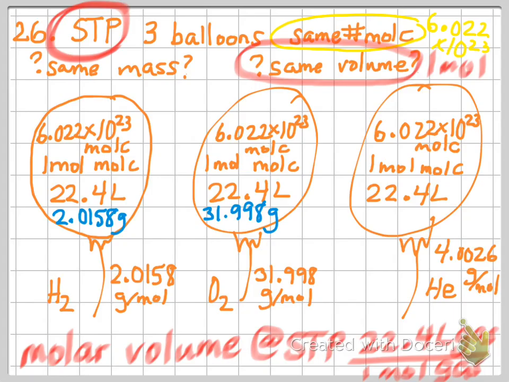And this helium balloon also has 1 mole of helium, technically atoms, and its mass is going to be 4.0026 grams. So going back to the question, is the mass the same? No. The mass is not the same, the volume is. So hopefully that helps you understand that question. Have a good day.